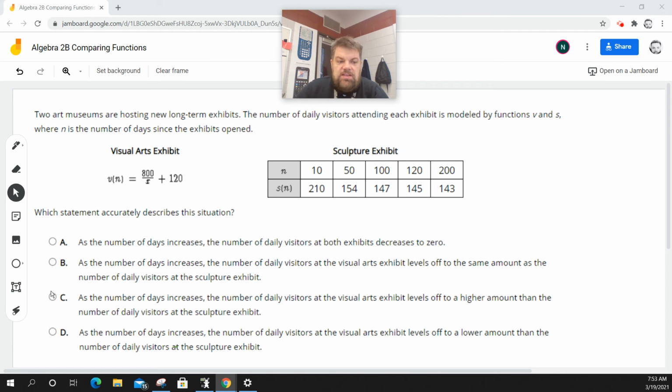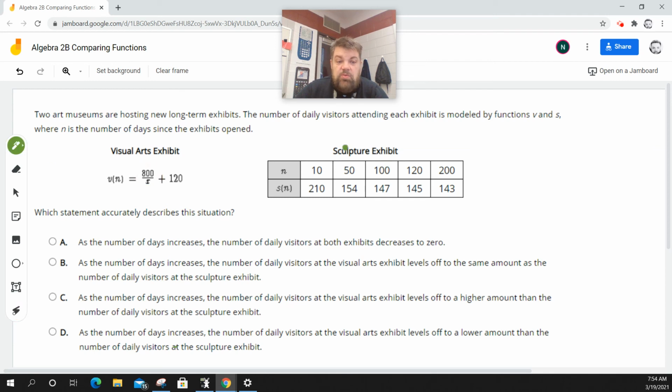So if I look at this, as it increases, this number goes down, this number goes down, this number goes down. In theory, it could keep going down to 0, right? So we're looking at the y values, the s of n or v of n. But it says for both exhibits. Yes, the sculpture exhibit might reach 0. However, the visual arts never will.